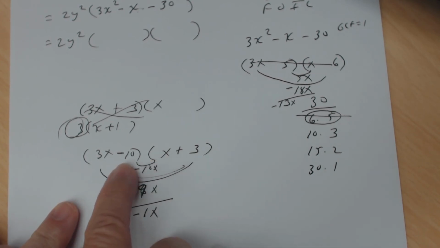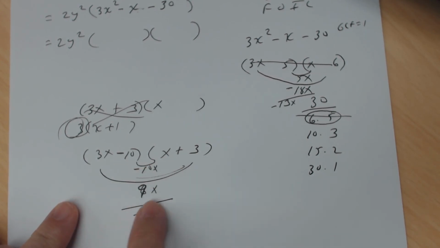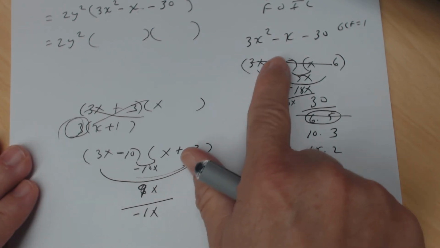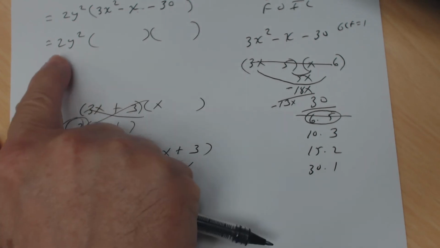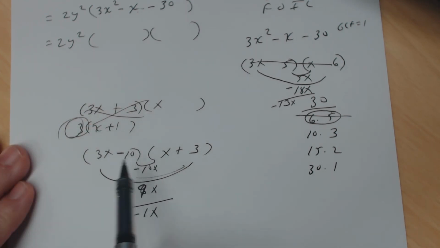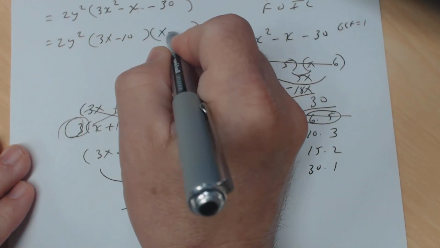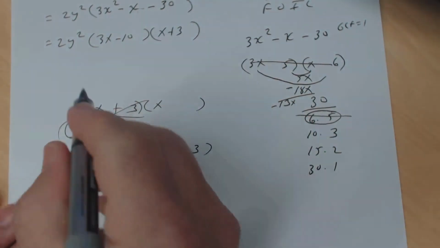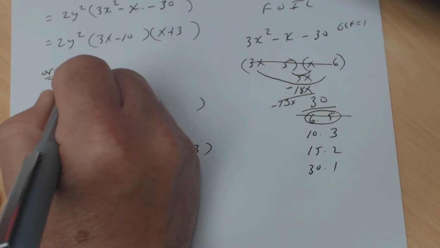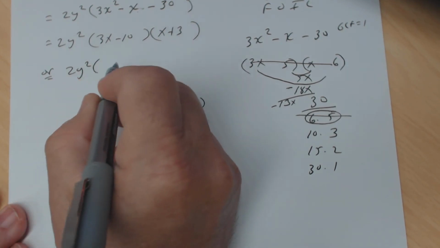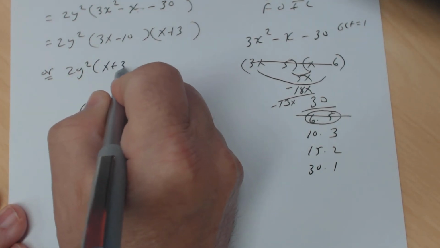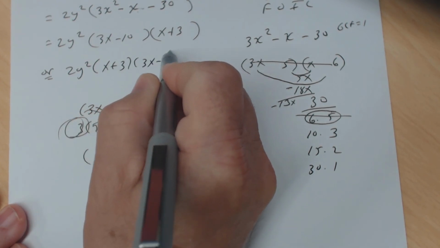The inner, negative 10 times x, is a negative 10x. And when I add them up, I do get a negative x. And that is what I wanted right here. So now my answer is going to be 2y squared times these two binomials. So 3x minus 10 times x plus 3. And again, it did not matter if you said 2y squared times x plus 3 times 3x minus 10. Did not matter.